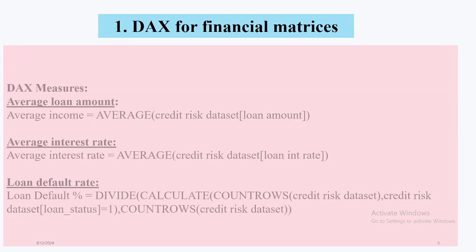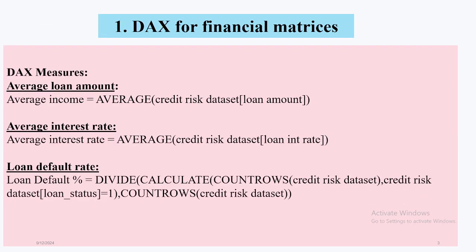The first task is to calculate the loan default rate according to the loan grade. The simple formula for loan default rate is the total number of default loans divided by the total number of loans. The total number of default loans is calculated as a count of rows in the credit risk dataset table wherever the loan status column is equal to 1, which means they are the defaulters.